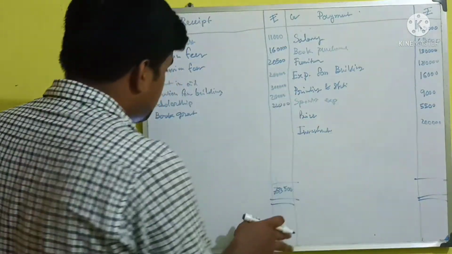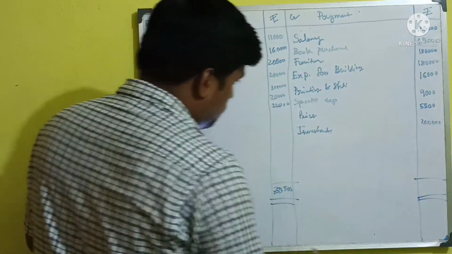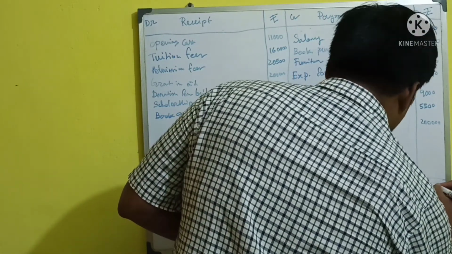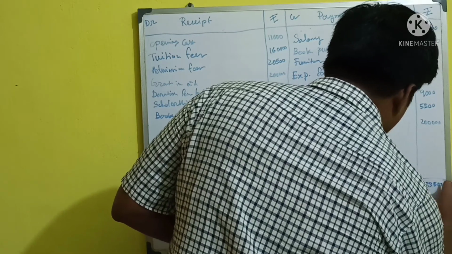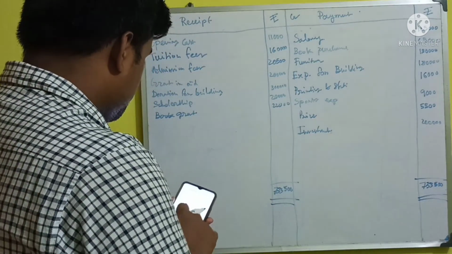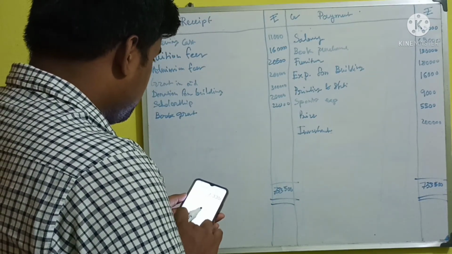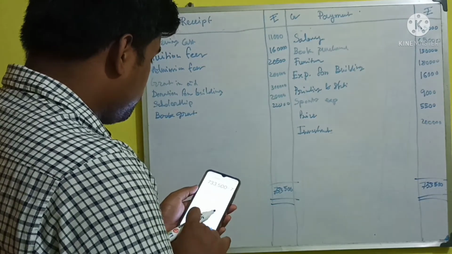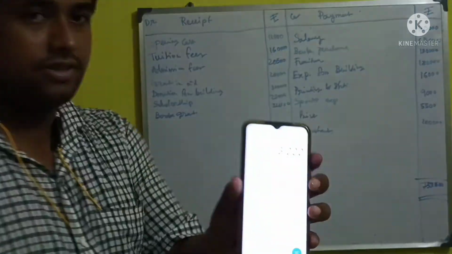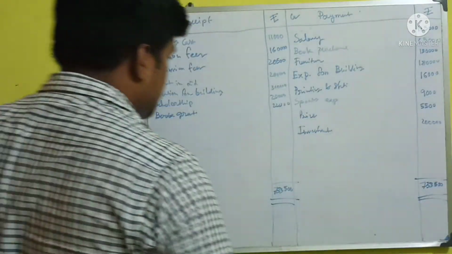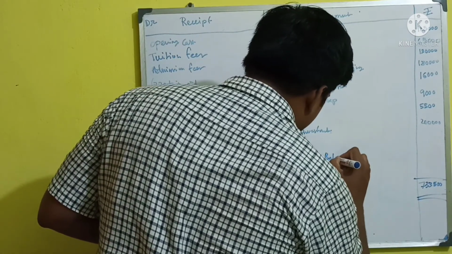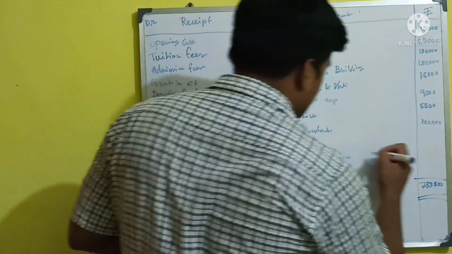So the receipt side is greater than the payment side. So we have to write the figure of 7,33,500 also in the payment side, and the figure of the balance, I mean 7,33,500 minus 7,30,500, the figure is 3,000. It is the closing balance, rupees 3,000.